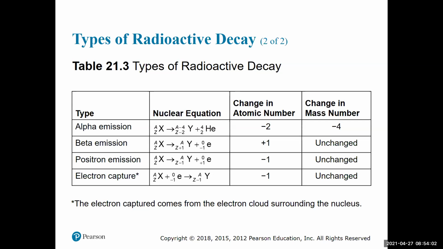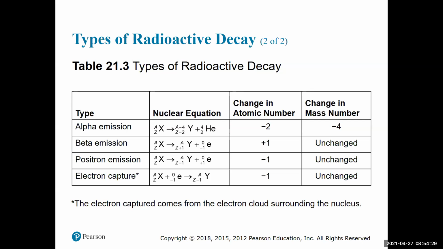So once again, knowing what the change is in the atomic number or the change in the mass number is important. The mass is pretty easy because the only one that changes is the alpha emission. The others don't change it. But the atomic number does change based on which of these processes occurs.